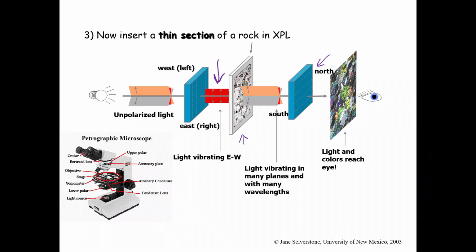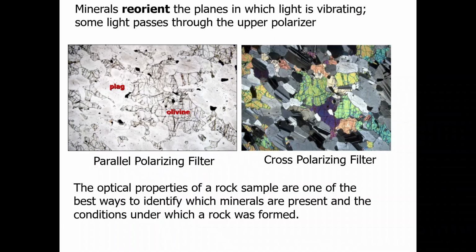What might look like just a white and gray thin section now becomes brightly colored. And there's a whole bunch of textbooks with images that you can look through, and you can better identify the minerals present in the rock that you could not tell the difference between just by looking at a sample, even with a microscope.